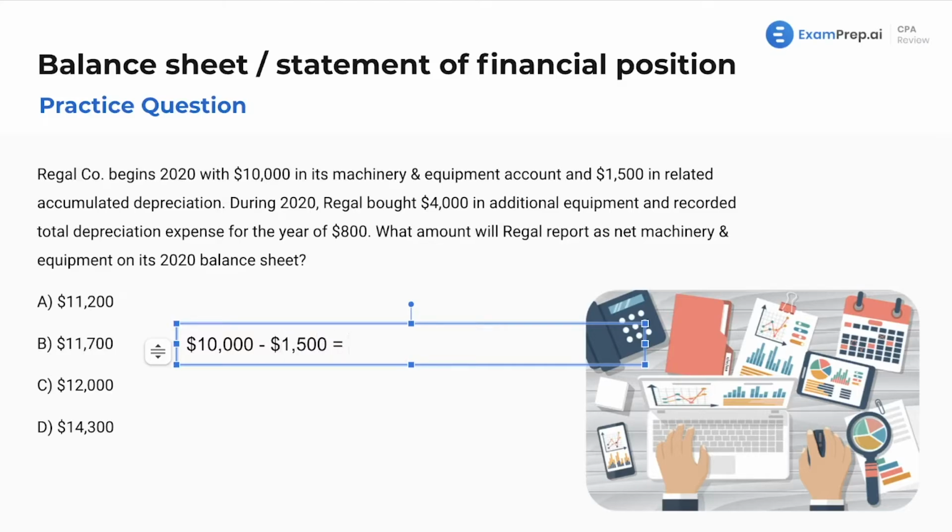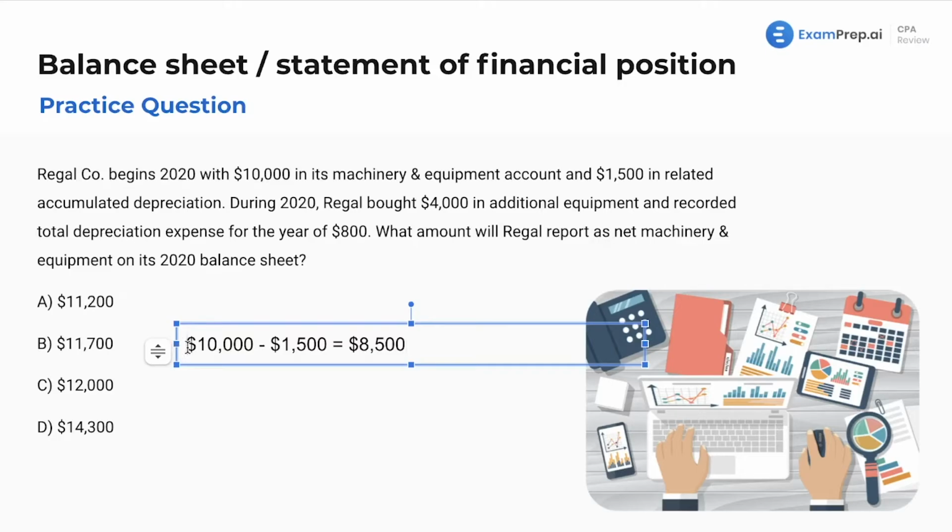So that is net. That's our current value, our current book value, our carrying value, however you want to call it. That is our amount. We are trying to find the ending amount. During 2020, we purchased $4,000 in additional equipment and recorded total depreciation expense of $800.